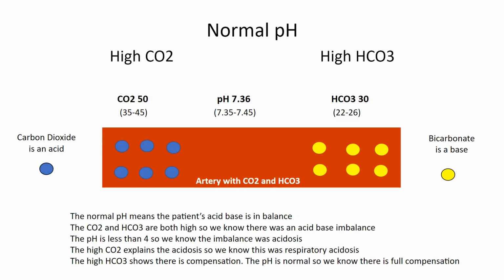The pH is less than 7.40, so we know that the imbalance was acidosis. It is on the acidic side of normal. The high CO2 explains the acidosis, so we know this was respiratory acidosis. The high HCO3 shows that there is compensation, and the pH is normal, so we know that there is full compensation. This is fully compensated respiratory acidosis.